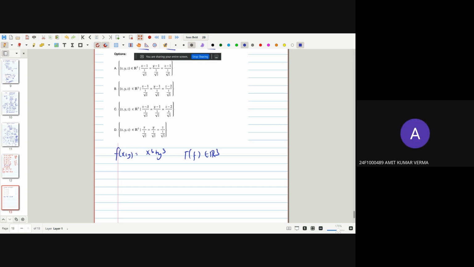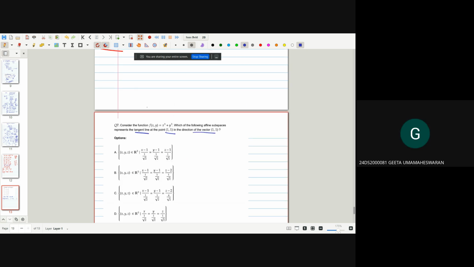Okay, so can you tell me the parametric equation x of t, y of t, z of t is equal to... If you don't remember, there is a point. What is the point? It is (1, 1). So the point is (1, 1).